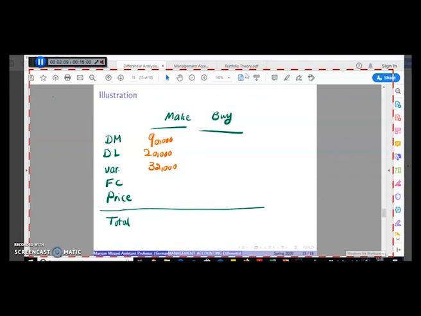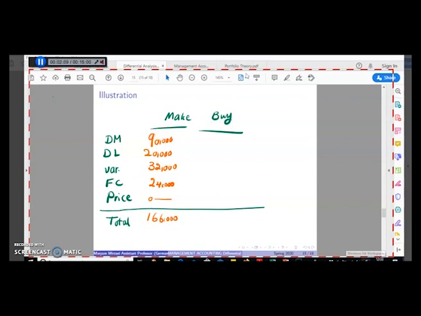So fixed cost is 24,000 and I don't need to pay to buy it, so this is 0. And finally the total is 90 plus 20 plus 32 plus 24, which is giving me 166,000 in total.